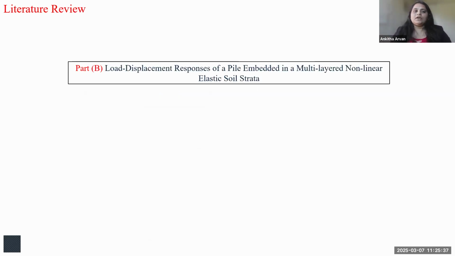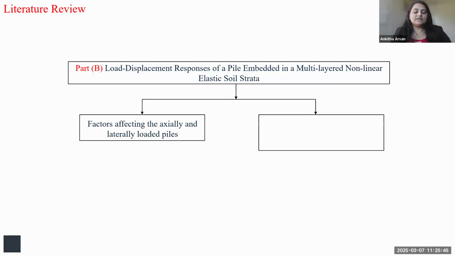Then for part B, the main idea was to understand the load displacement responses of piles embedded in multi-layered nonlinear elastic strata. For this, the factors affecting axially and laterally loaded piles were also reviewed, which included the soil characteristics, of course, because it had clay, sandy silt, and many other conditions.